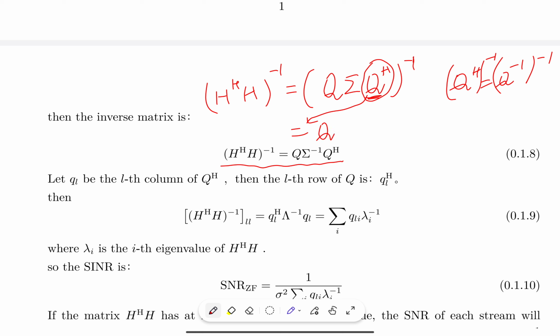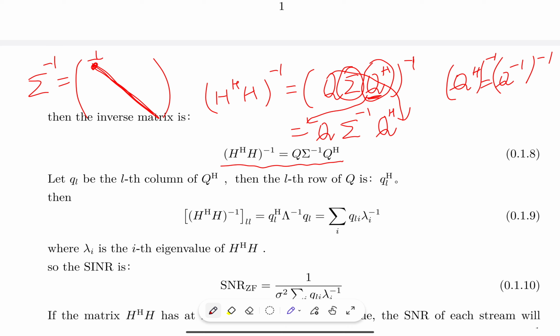So it's Q here, and this one goes to here, so it's Q H. For sigma we need to get the inverse, because sigma is a diagonal matrix. So this minus one, this inverse, means for each element we get 1 over the element. So it is this one.